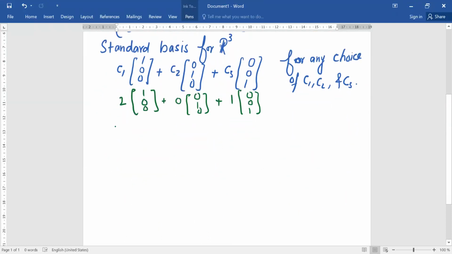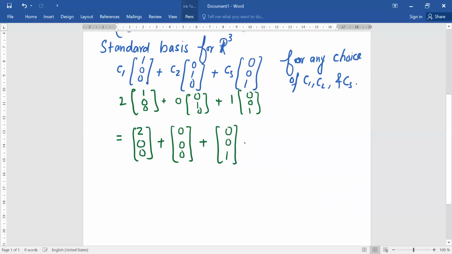If I do this choice, what will happen? I will end up with 2, 0, 0, because this 2 has to multiply with each component. Then 0 has to be multiplied with everybody, so all components become 0. Then this scalar 1 has to be multiplied with everybody, so I will get 0, 0, 1.